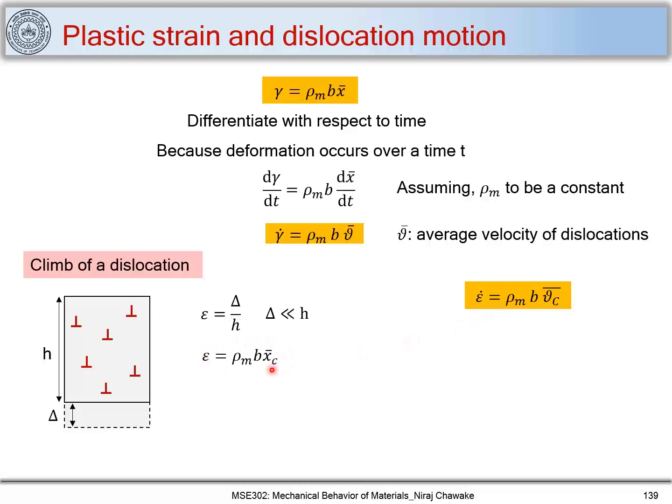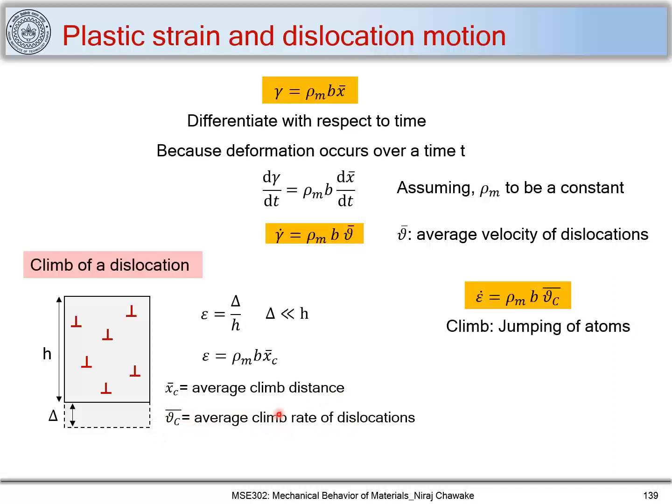Similarly, if I differentiate this relation assuming rho m to be constant, I can get a similar expression where strain rate I can correlate with rho m, the mobile dislocation density, into Burgers vector into average climb velocity of dislocations. So here x c bar is the average climb distance and v c bar is the average climb rate of dislocations.